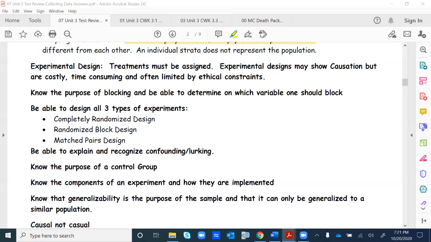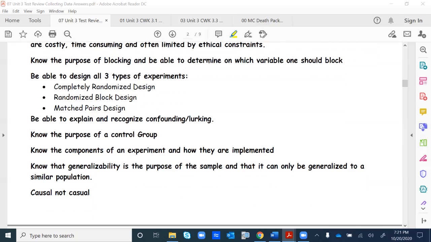One of the questions was, will we have to explain confounding on the test? That's a good question. You might have to come up with a variable that you think might be a confounding variable. As far as defining confounding, no, you wouldn't have to do that. But you may very well have to identify something that might be confounding, and you'll get an opportunity this evening to see that.